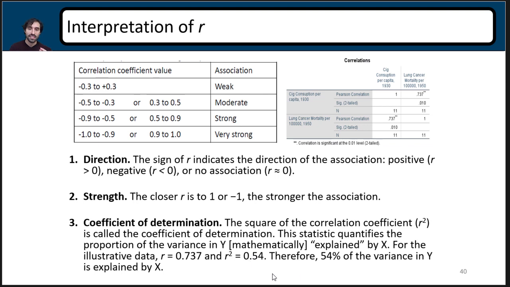What this is saying is that when you multiply R by itself, which is R squared, we would have 0.54, and we would say that 54% of the variance in Y is explained by X. So in other words, 54% of the variance of lung cancer mortality rate is explained by the cigarette consumption based on our data.